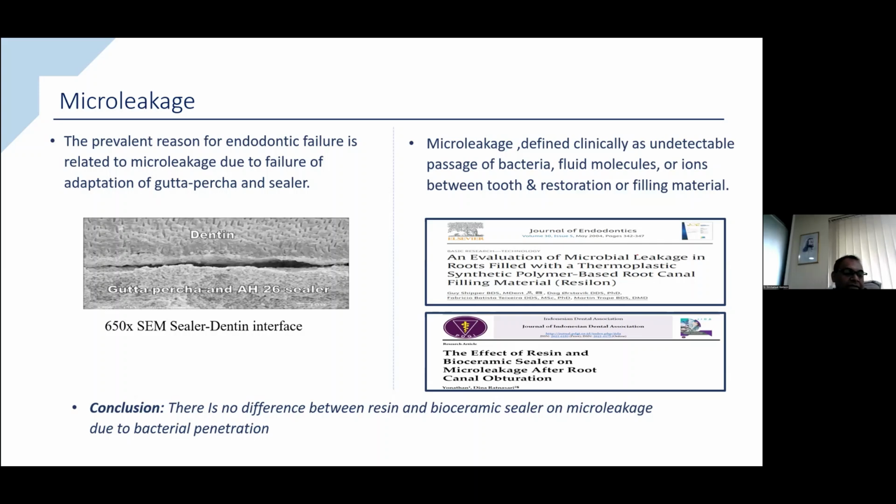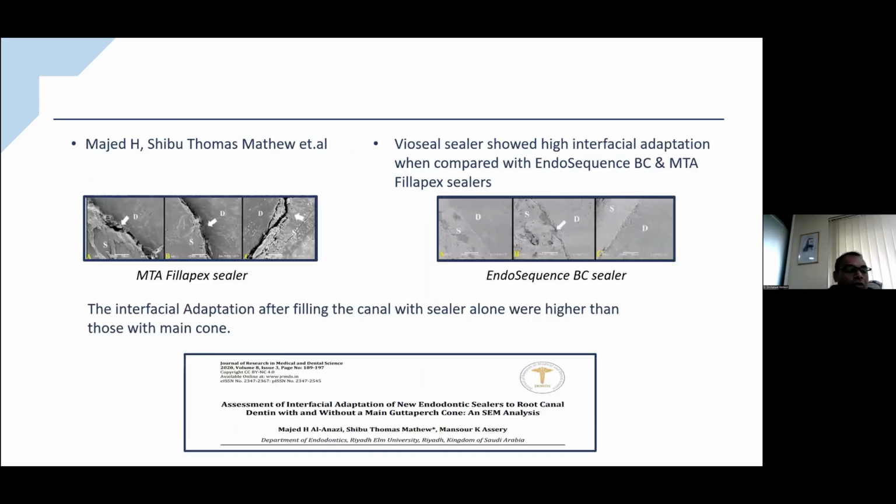Now, various scientists like Gay, Schipper, and Jonathan have concluded that there is no difference between resin and bioceramic sealers on microleakage due to bacterial penetration. Authors like Majid H. and Sibu Thomas did an assessment of the interfacial adaptation of new endodontic sealers to root dentine, with and without a gutta percha cone.